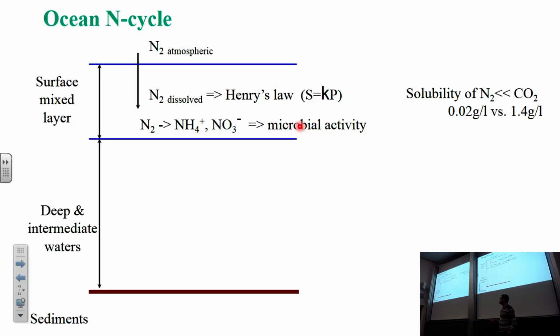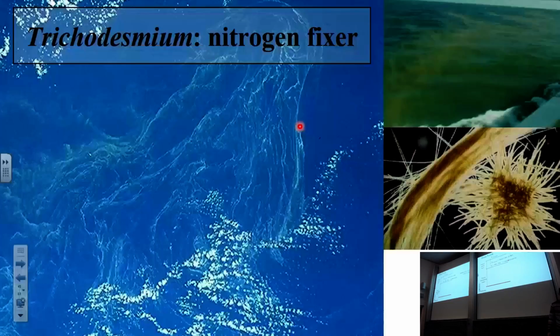So this only happens in regions of the ocean which are nitrogen poor because it's really energy intensive. Around the coasts, we might have nitrogen inputted from runoff, from rivers putting nitrogen into the environment. But out in the open ocean, where we're basically lacking a source of available nitrogen, this guy can go nuts.